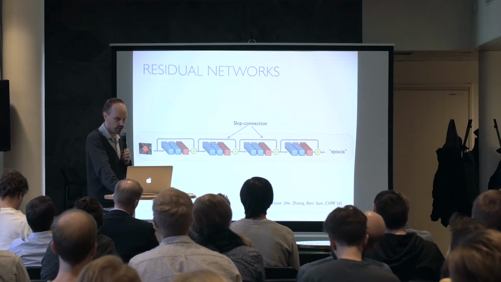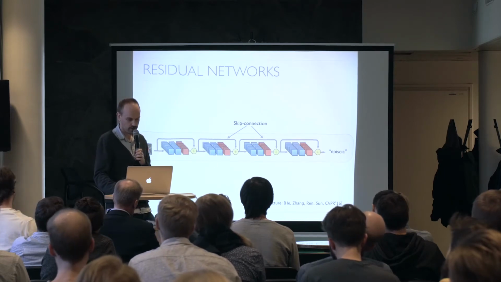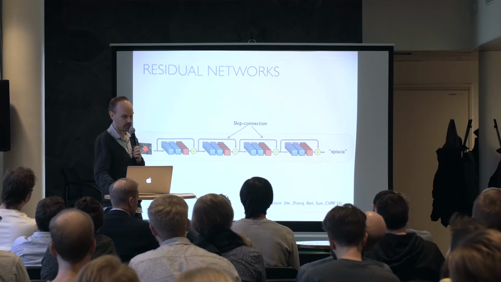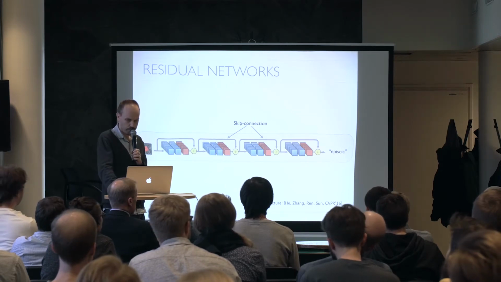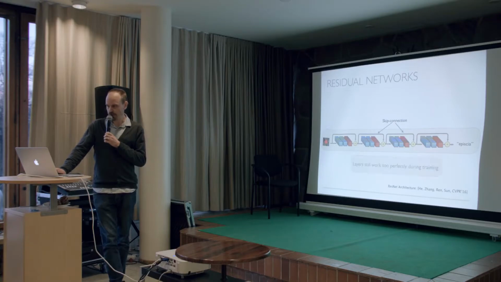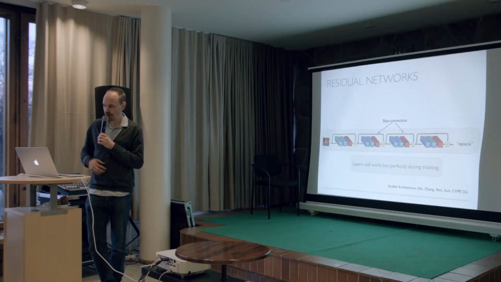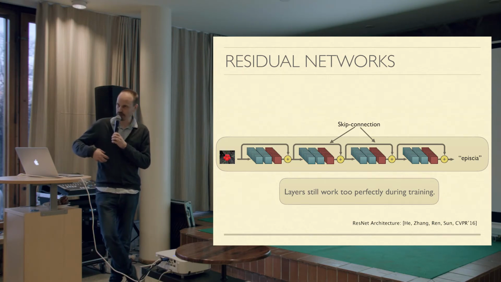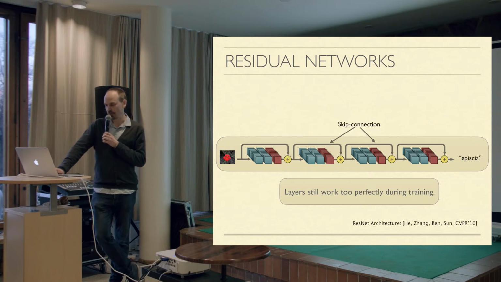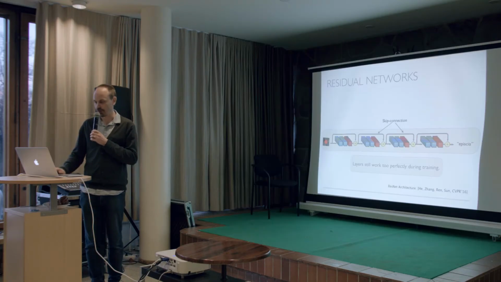So it's a good trick to know, and it improved the results on image classification by something like 50% a year ago. The problem with residual networks is that the layers can still work too perfectly during training, and there can be a reliance on any of the layers, and then the rest of the layers don't work well if one of the layers doesn't work well.